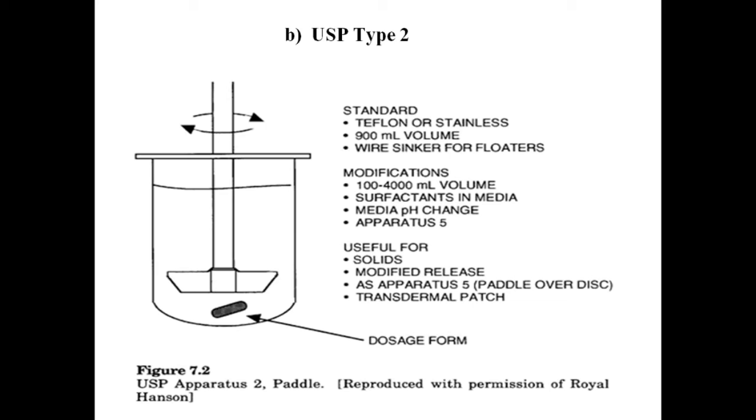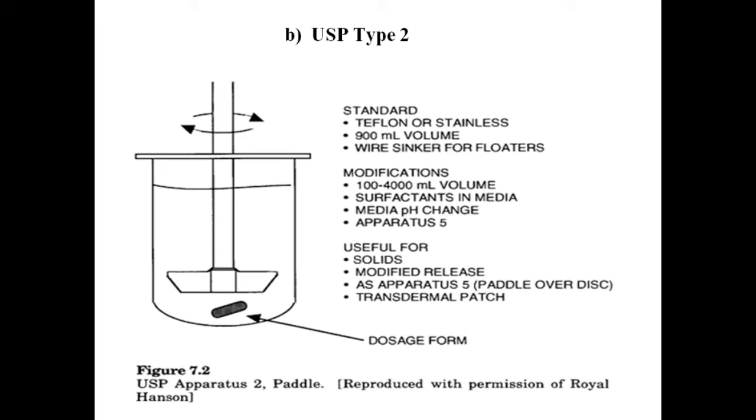USP Type 2 apparatus. The USP Type 2 is currently the most frequently used apparatus for all solid dosage forms. The dissolution vessel used with the apparatus is the same as for the USP Type 1 apparatus. However, the basket assembly is replaced by a paddle of specified dimensions shown schematically in Figure 2.